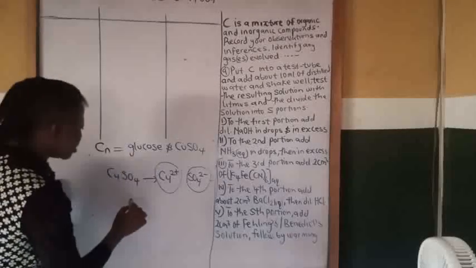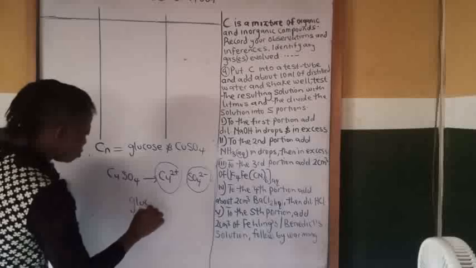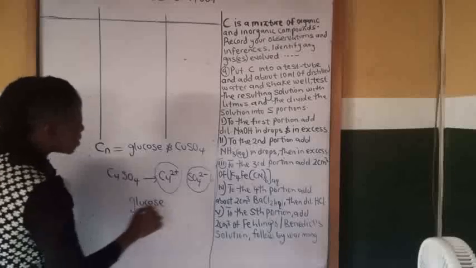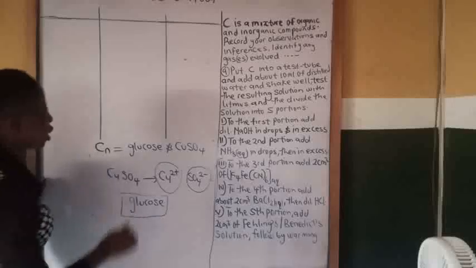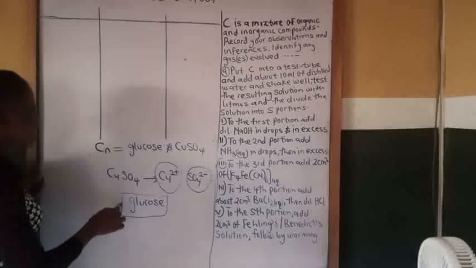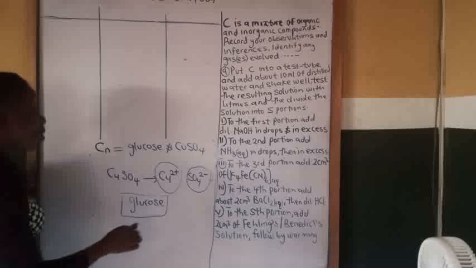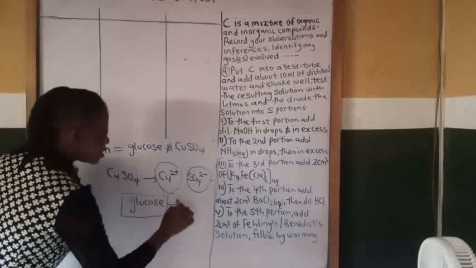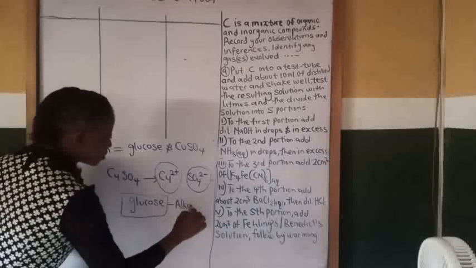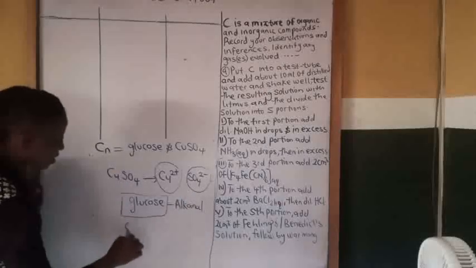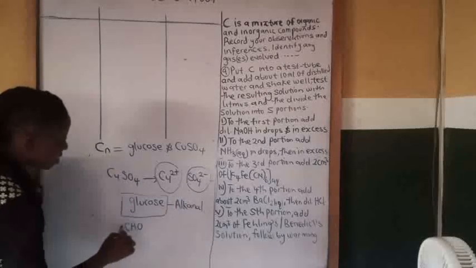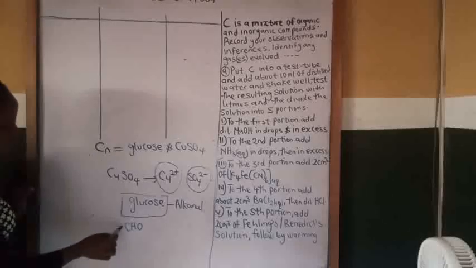Then another one is glucose. Glucose is an organic compound. Don't forget that glucose carries the functional group of alkanal, that is CHO.